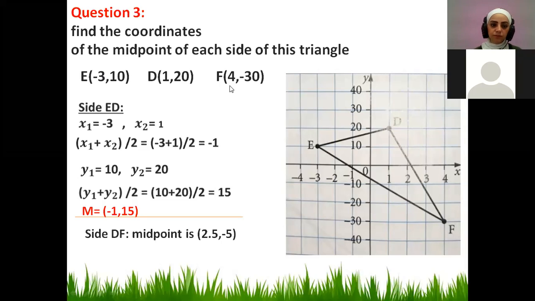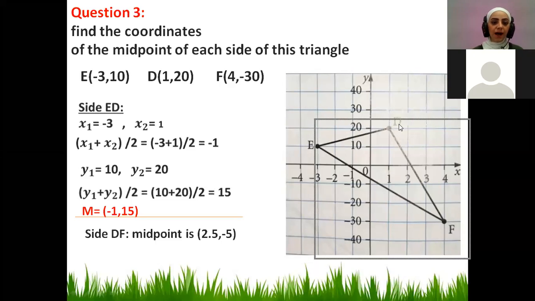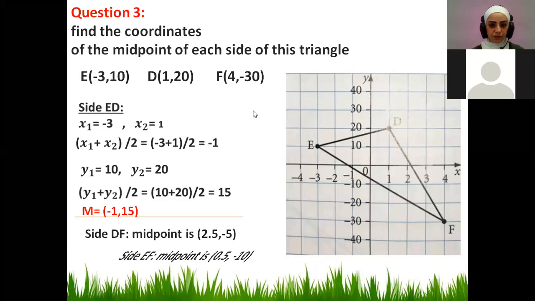And then 10 plus negative 30 over 2, it's negative 20 over 2, so it's negative 10. So it's 0.5 and negative 10. Yes, excellent, thank you, Tala. So this is the midpoint of EF.